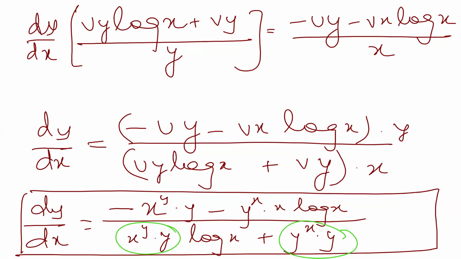And this will be y. This will be multiplied with y, and this will be multiplied with x. That's it. Is it fine now? Just let me check once again.